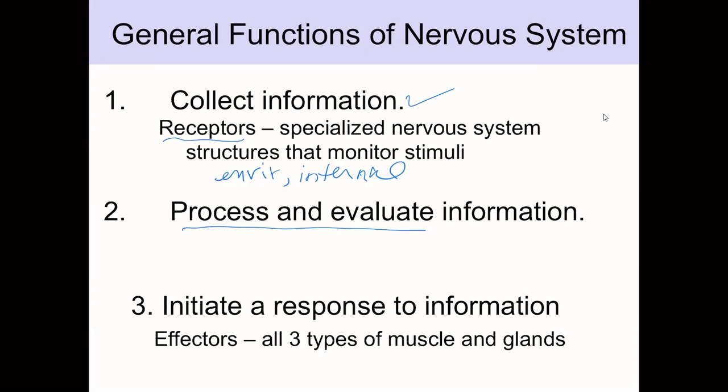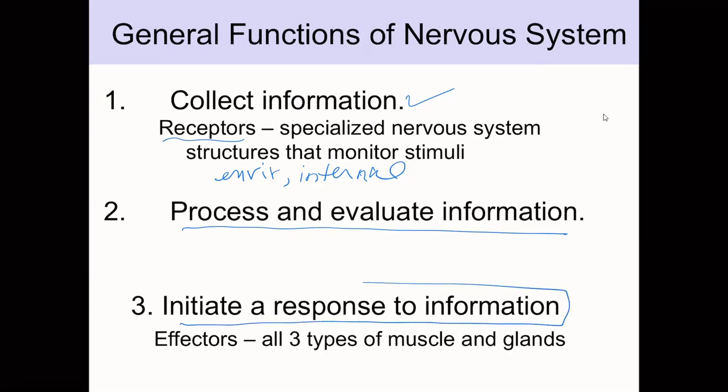Then they process and evaluate the information. They take the information in and say, okay, this is light information, she needs to dilate her pupils so she can get more light in and actually see because it's dark. So they process the information, evaluate it, and then initiate a response.